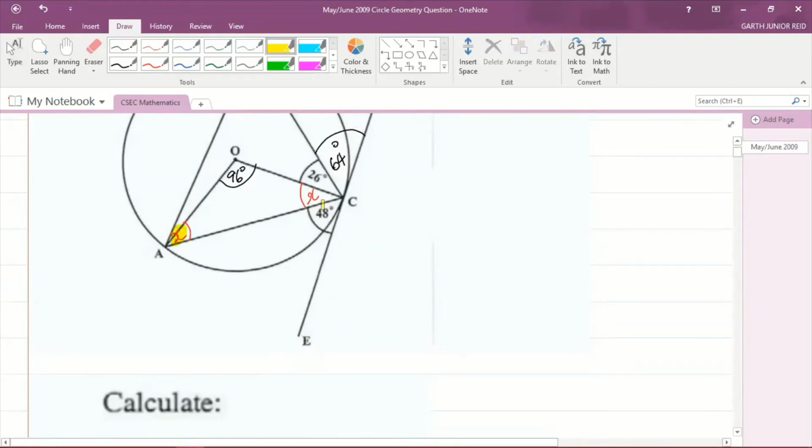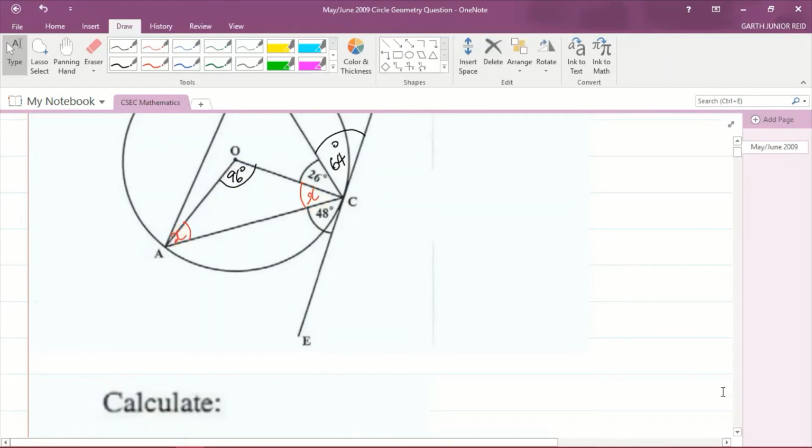We have x here and x here, but how are we going to calculate the x? If we know that this angle here is 96 degrees and both of those angles are x's, then when we add those angles, we're supposed to get 180 degrees. So I'm going to use that fact in order to solve the question.